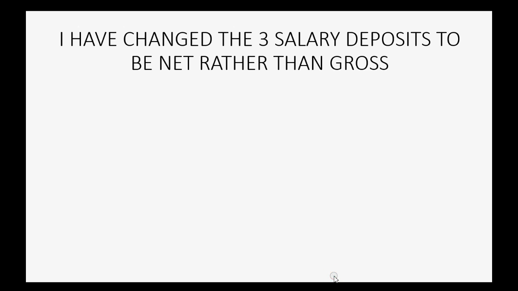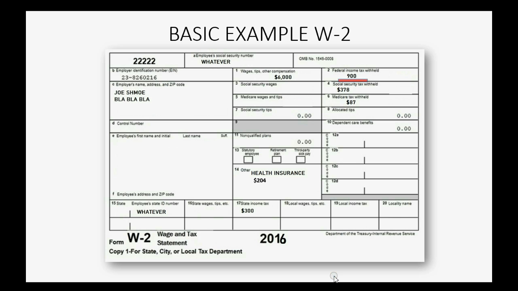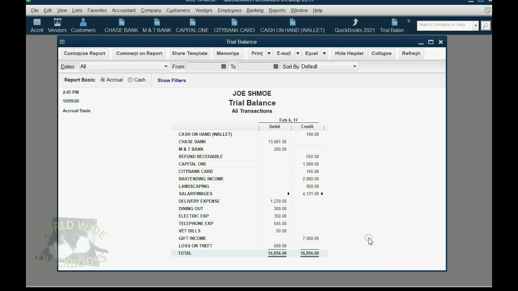So what do we do? Well, we have to make an adjustment for each of the different taxes that we now see on the W-2, and then when we finish, the gross pay will be equal to $6,000 just like it shows in the W-2. So we're going to make a December 31 journal entry.